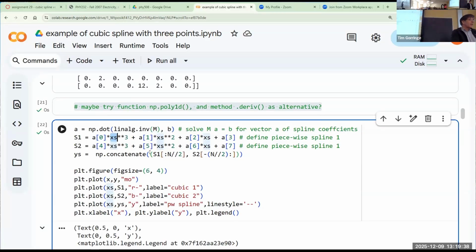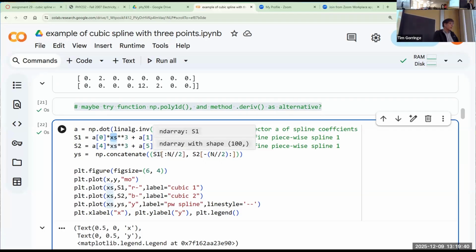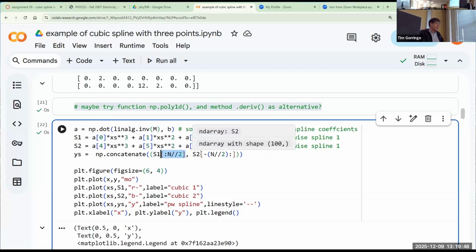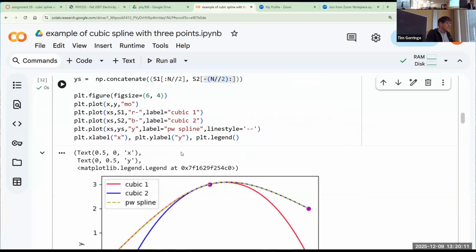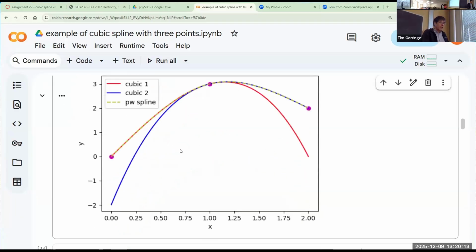So when I join them together to make the spline that goes through the whole data points, using slicing, I only use the bottom half of S1, and I splice that together, or dovetail it together, with the top half of S2. So I'm putting together S1 in the region between the first data point pair with S2 in the region between the second data point pair to make YS. And then I'm going to plot that. And so here's the result.